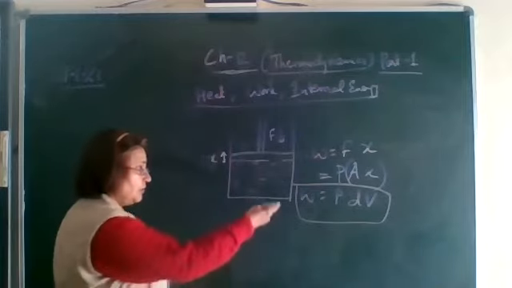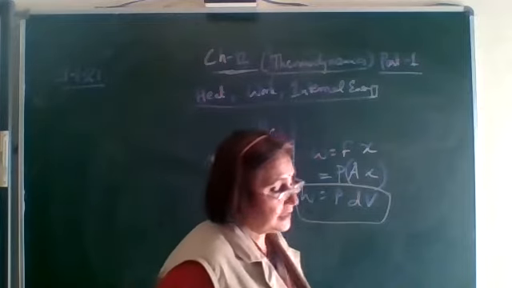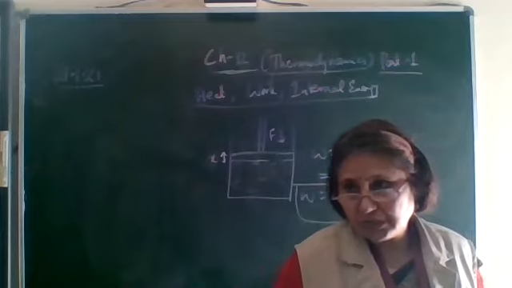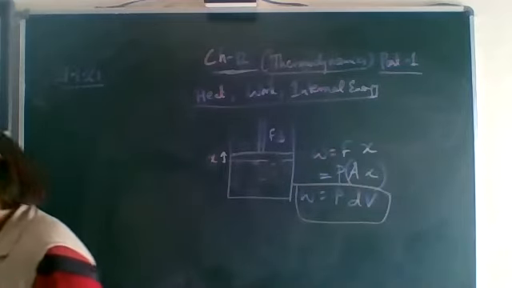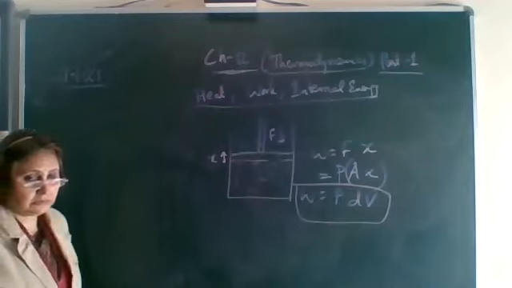A small change in the volume, small work done, total work done will be the integration. As such, the work done is only due to the change in volume. No change in volume, no work done. You can write down.